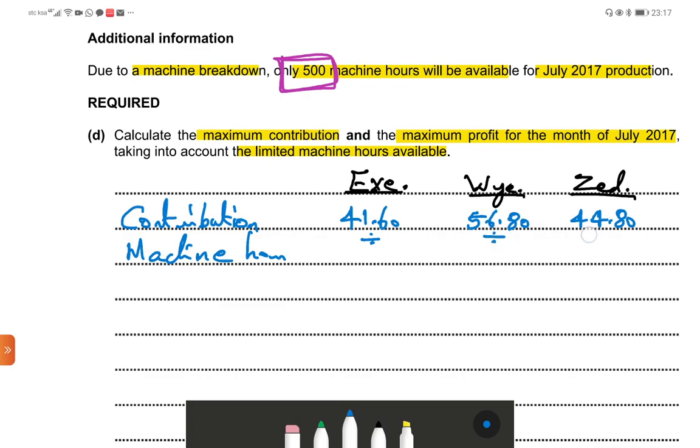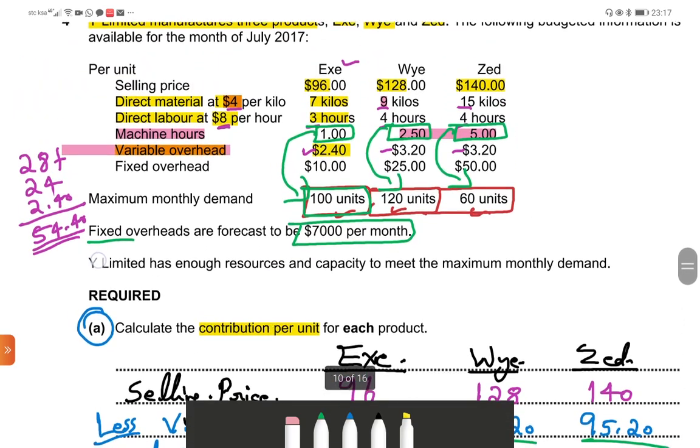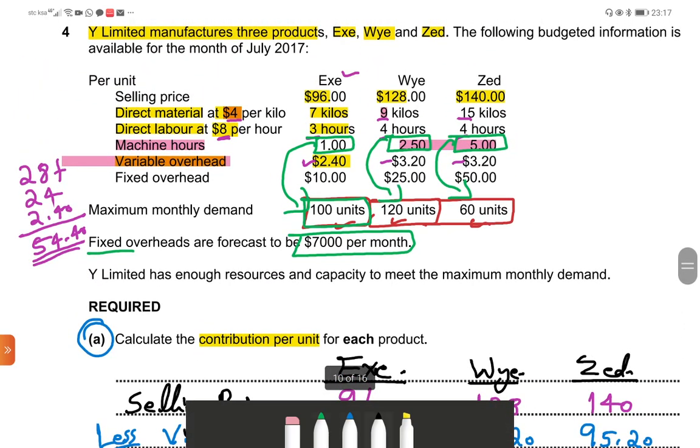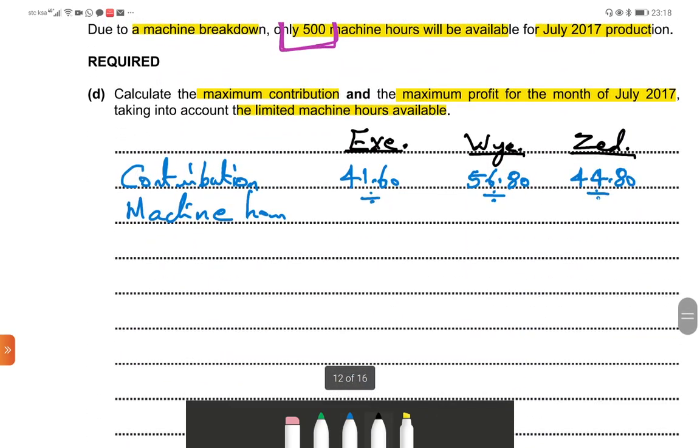Machine hours are already given: product X 1, product Y 2.50, product Z 5.